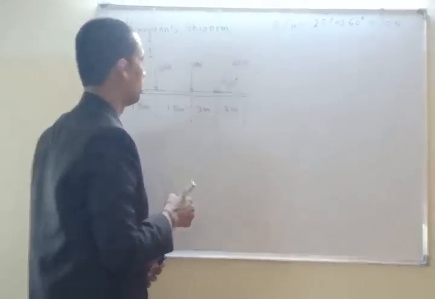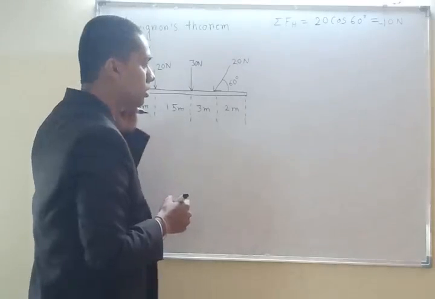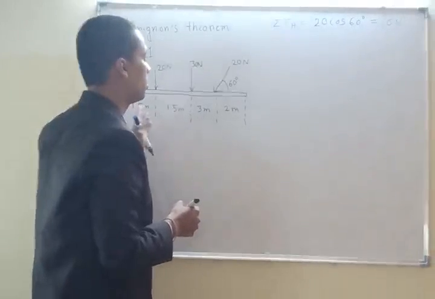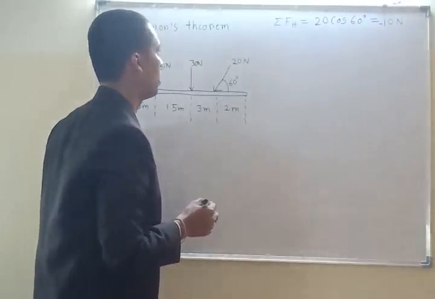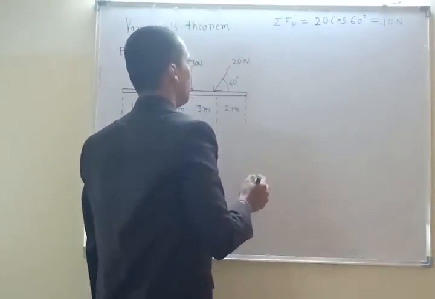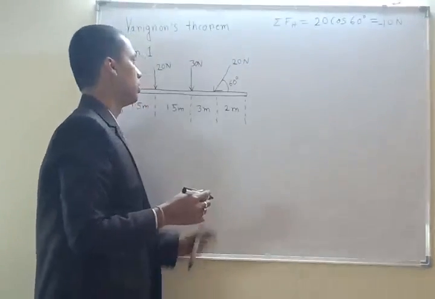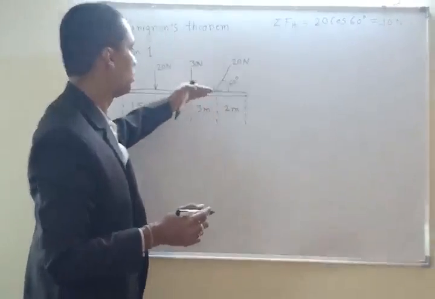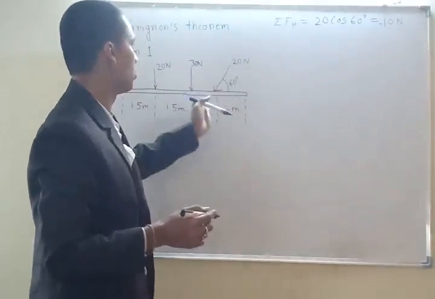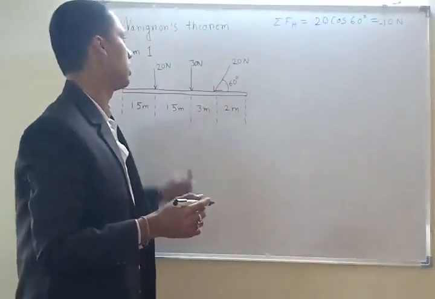So this is going to be 20 cos 60 degree in the negative x direction. Correct. Cos 60 degree is half, but you see it is not having the component in this direction, it is having the component in this direction. So from the figure I am writing negative 10 in the negative x direction.